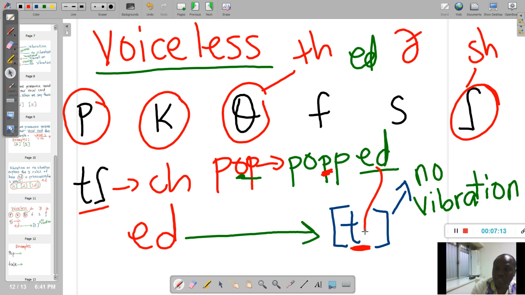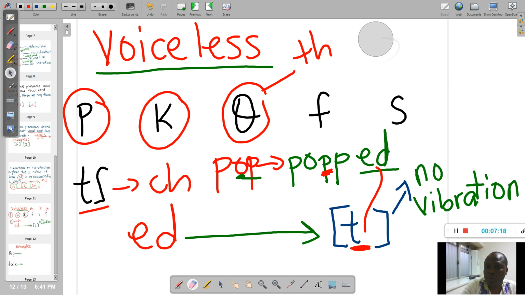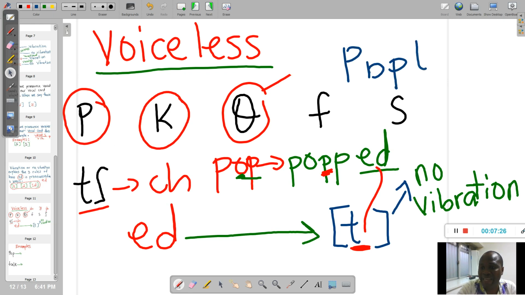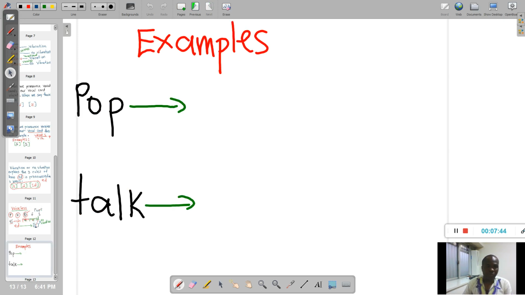Let me write the pronunciation here so that you can understand. The pronunciation is going to be P and T. So popped, that's the past tense. Popped takes the T sound. Let's take the last one so we'll be able to end our lesson. We already finished pop. So now we'll talk about talk.